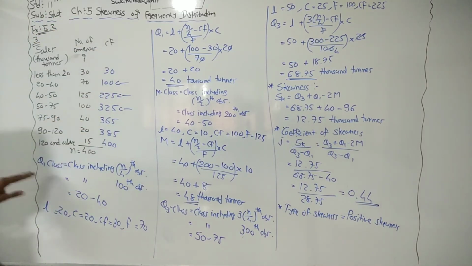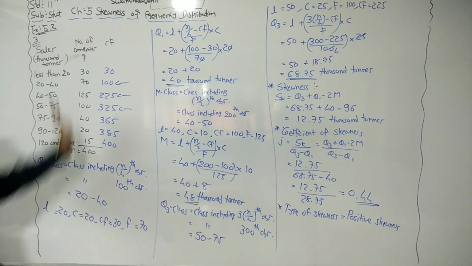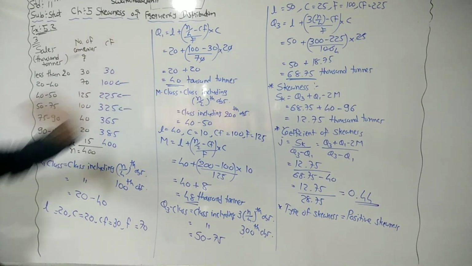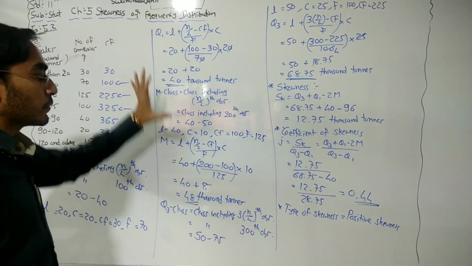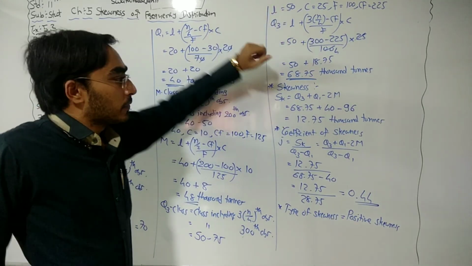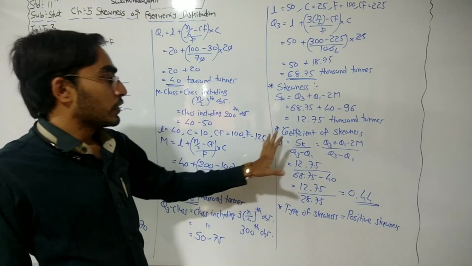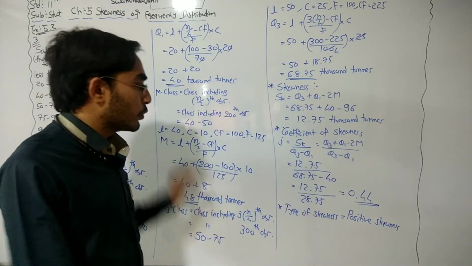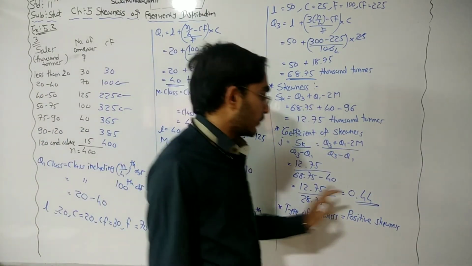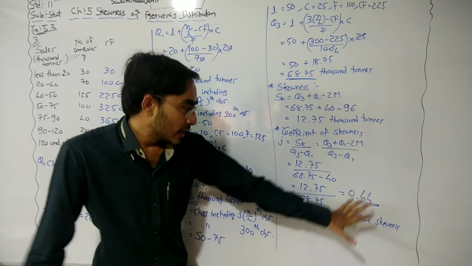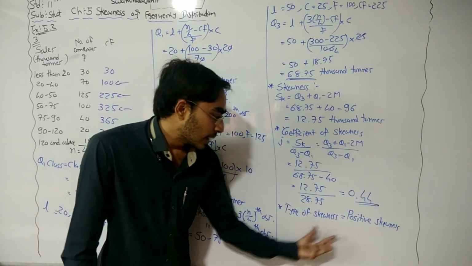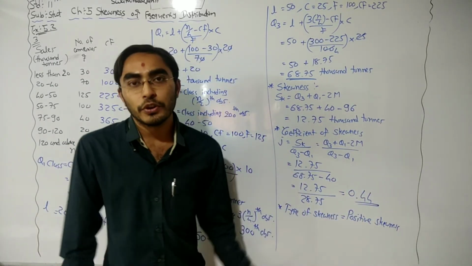Find the CF, Q1 class, put all the values in the formula of Q1, so we'll get the value of Q1. In the same way we need to find median and Q3. After that skewness, Q3 plus Q1 minus 2m. And after that use the formula of coefficient of skewness, put all the values here, we will get the answer 0.44. And here we get the positive answer. So type of skewness is positive skewness.